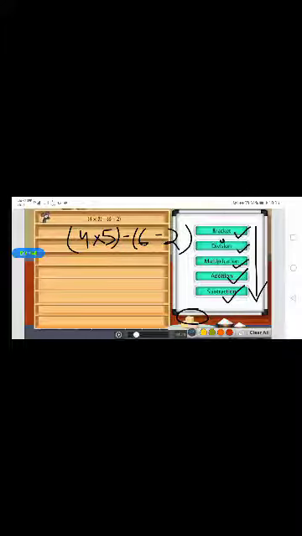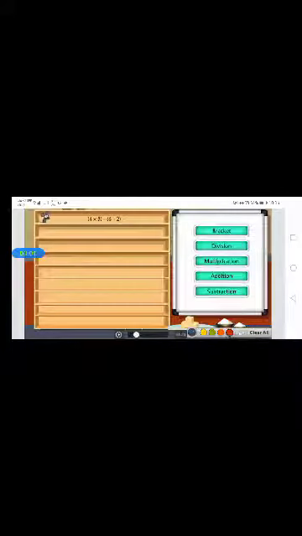So bracket, then of, then division, then multiplication, then addition, and lastly subtraction. You can see this is nothing but called BODMAS.